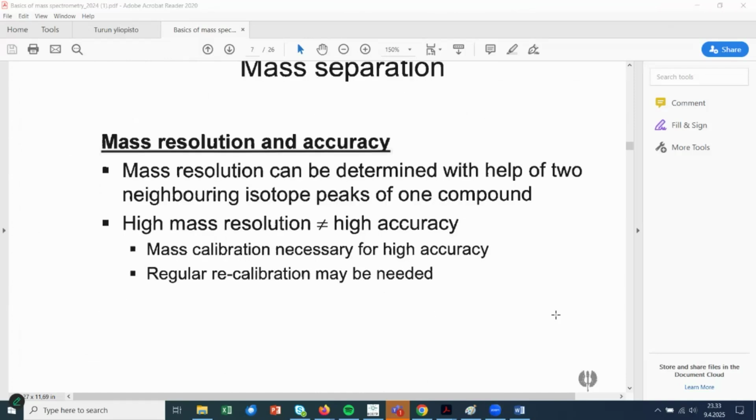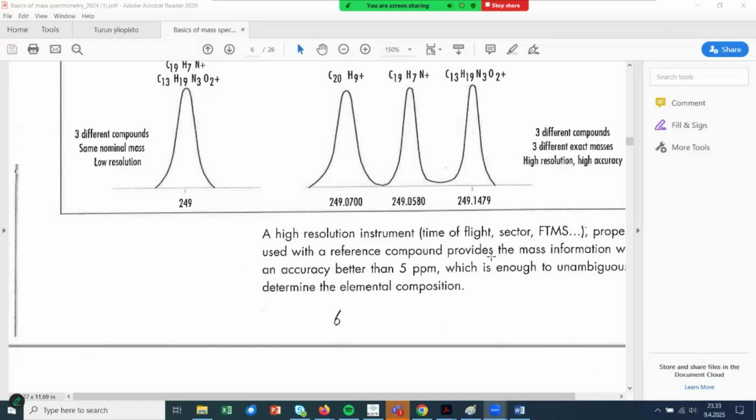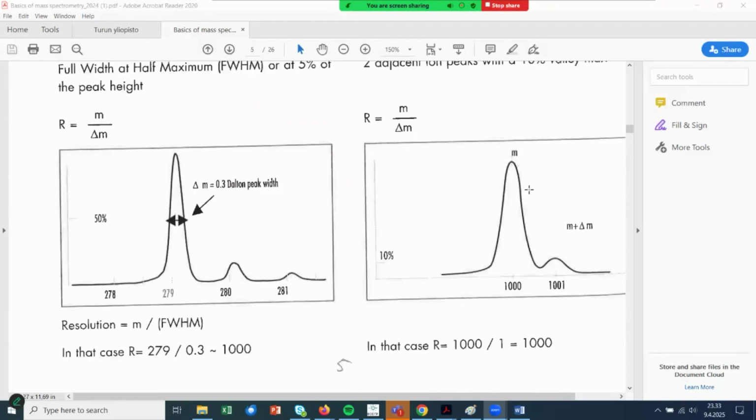Okay, so I was talking about the mass resolution. It can be determined with the help of two neighboring isotope peaks of one compound, as was the situation here. This is the molecule with only carbon-12 isotopes.